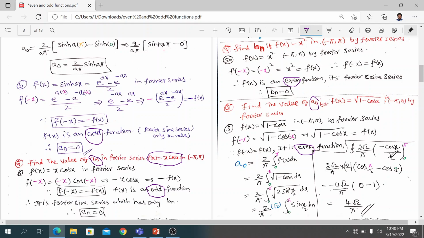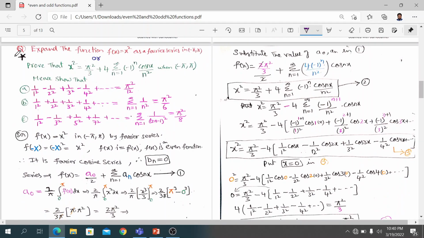This minus and 1 by 2, when coming to the numerator, becomes minus 2. Now upper limit, cos pi by 2 minus cos 0 by 2. So minus 4 root 2 by pi, cos 90 is 0, cos 0 is 1, 0 minus 1 is minus 1, minus into minus is plus 4 root 2 by pi. This is the answer.